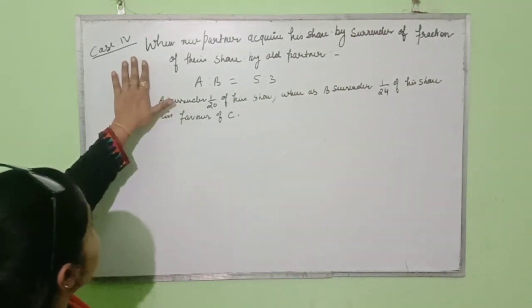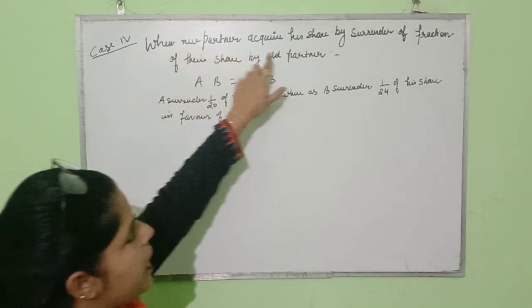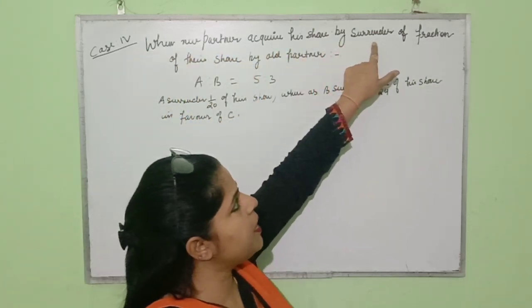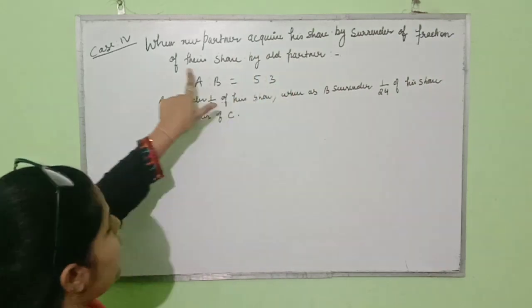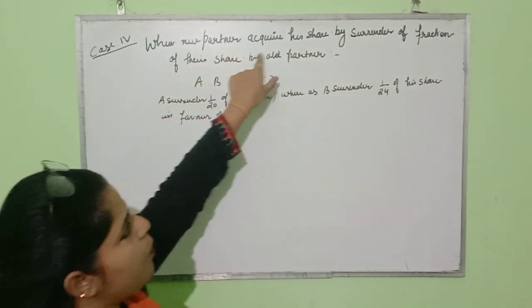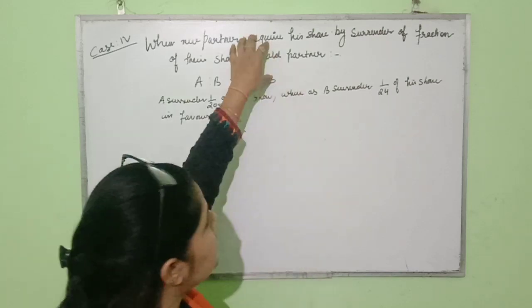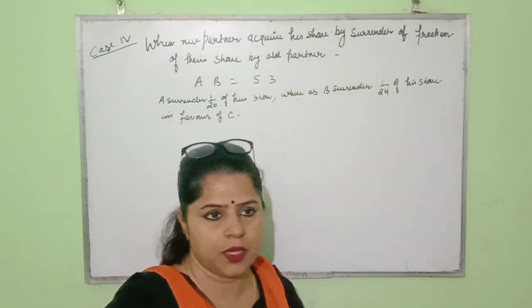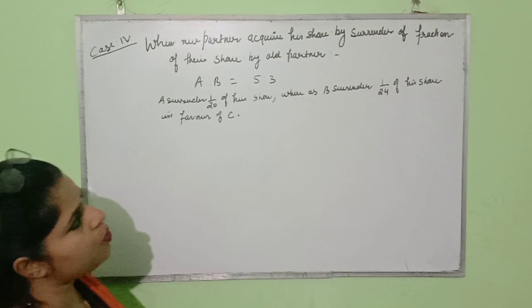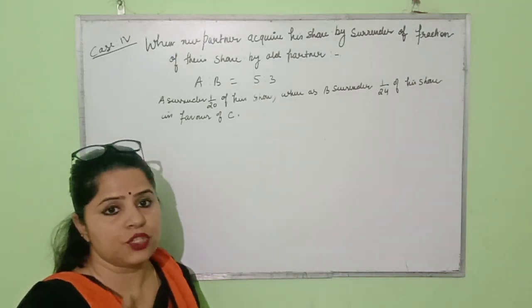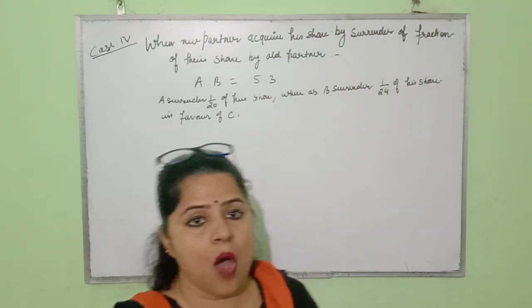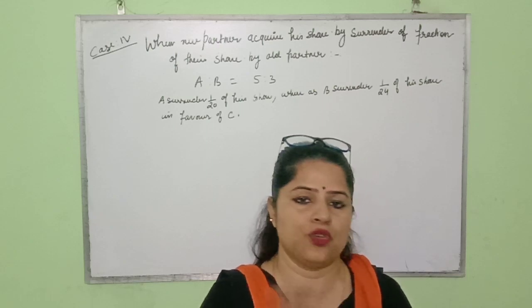So case number 4 is when a new partner acquires his share by surrender of a fraction of their share by the old partner. Now what is the difference between this case and all other 3 cases? If you see this question carefully, you will find that how much share the new partner gets is not given.